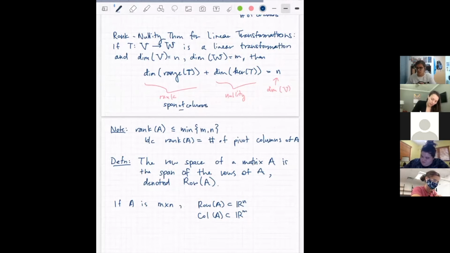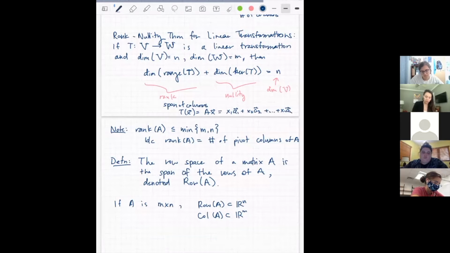So if you're looking at T of X equals A times X, everything that comes out of here is equal to some linear combination of the columns, right? Because you can rewrite this as X1 A1 plus X2 A2 and so on. Right, yeah. So anything that you can get as an output of that function is a linear combination of the columns. Oh, okay.